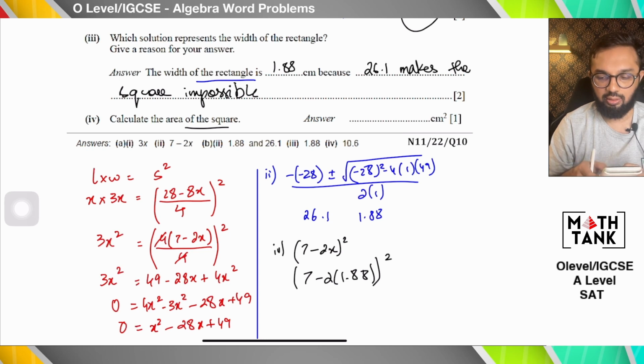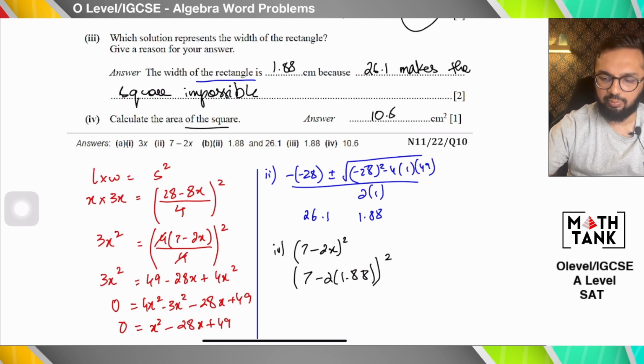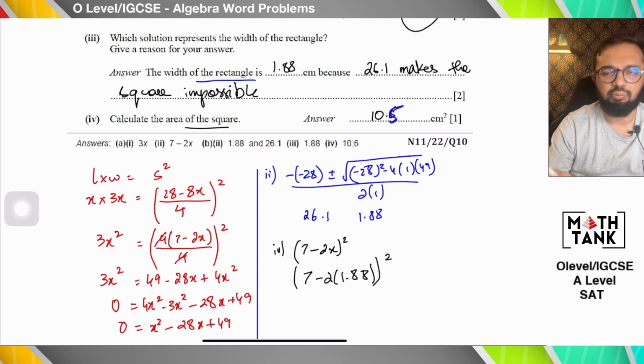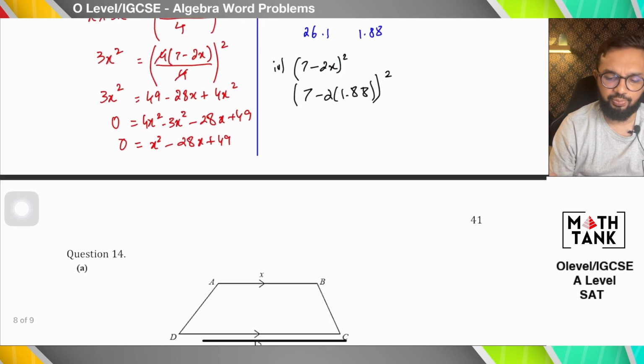Let's check. 10.49. Have I rounded off too much? That's 10.5. I may have rounded off somewhere, which gives me a slightly different answer from what's there in the marking scheme. But I'm sure there's tolerance there.